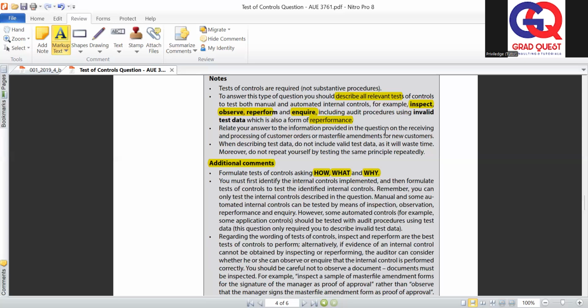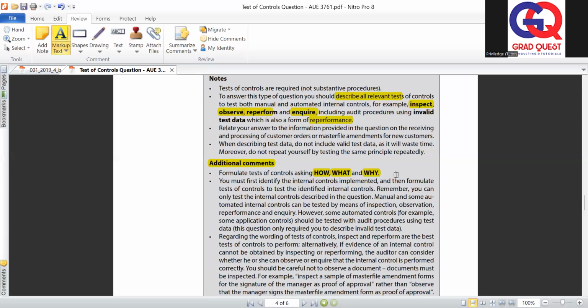So essentially, with invalid test data, it's more of reperformance. I want you to take note of that. So you reperform in different ways, by re-attempting, re-entering, recapturing, all sorts of activity that describes that you are redoing the process that is being carried out in that particular function.